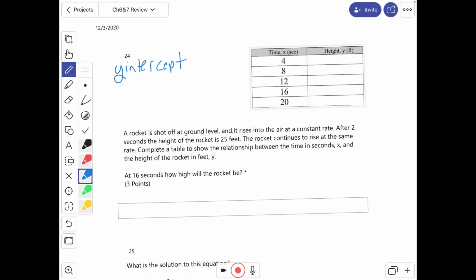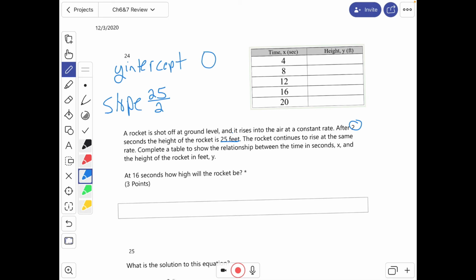A rocket is shot off at ground level and rises into the air at a constant rate. So it's starting at 0 because it's at the ground. Now my slope would be what we're multiplying times x. So after 2 seconds, it's at 25 feet.